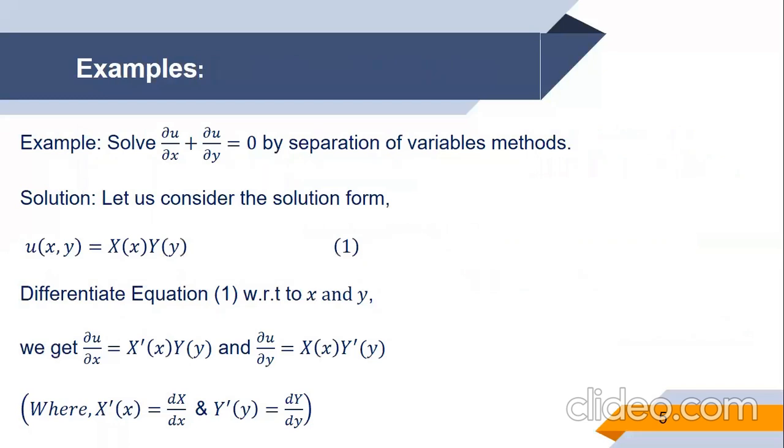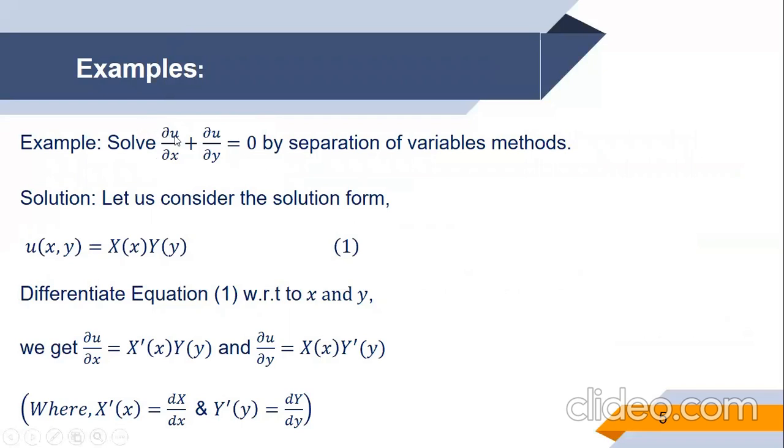Now we discuss the separation of variable method in an example. So we take one example. Question is: solve del u by del x plus del u by del y is equal to 0, using the separation of variable method. So in this partial differential equation, first we check which variable is dependent and which variables are independent.